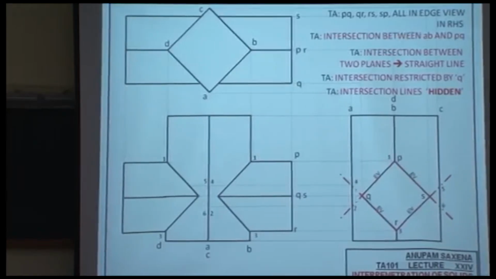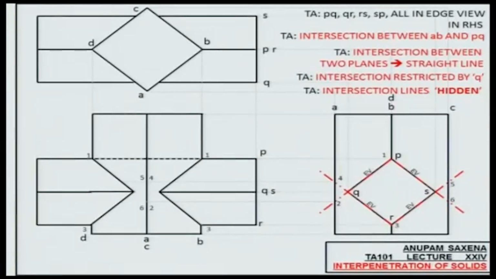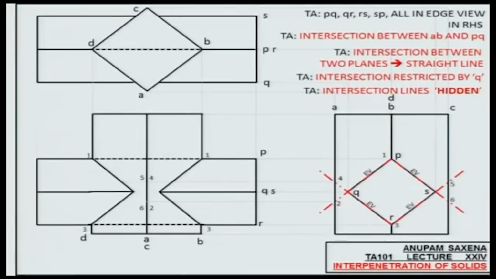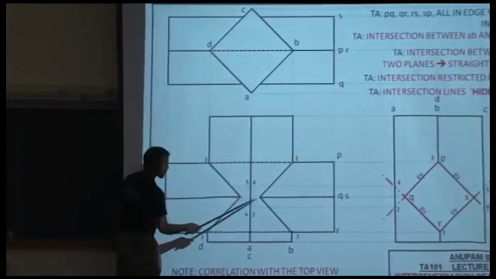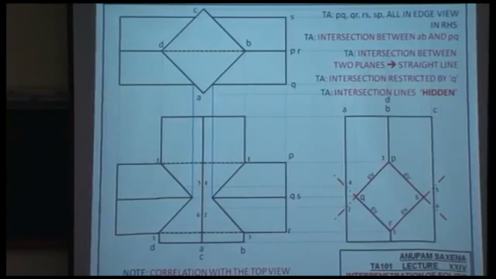All right, so the horizontal prism is penetrating inside the vertical prism, so you'll have a hidden line there, a hidden line there, and a hidden line there. Notice how these 2 points correlate with the top view. So if you take the projections up from these 2 points, this is where they occur.